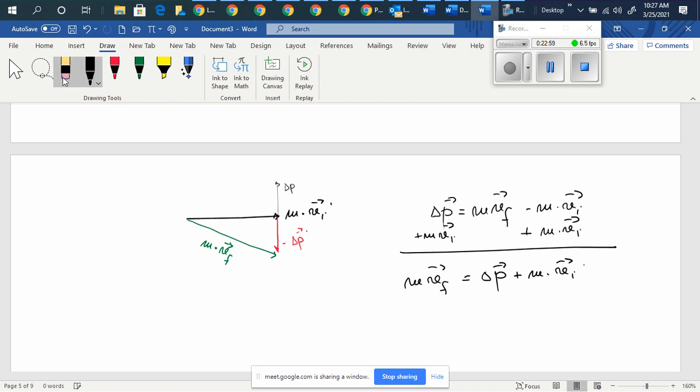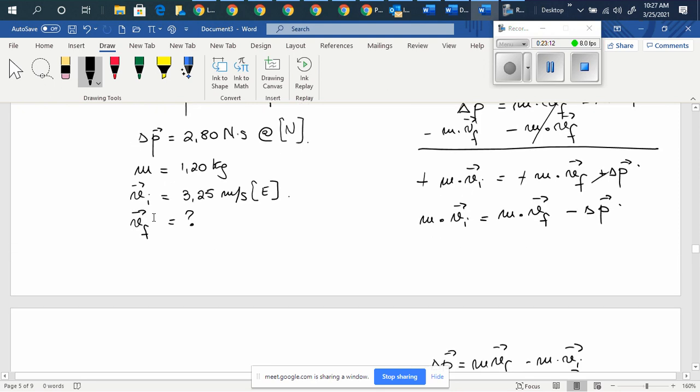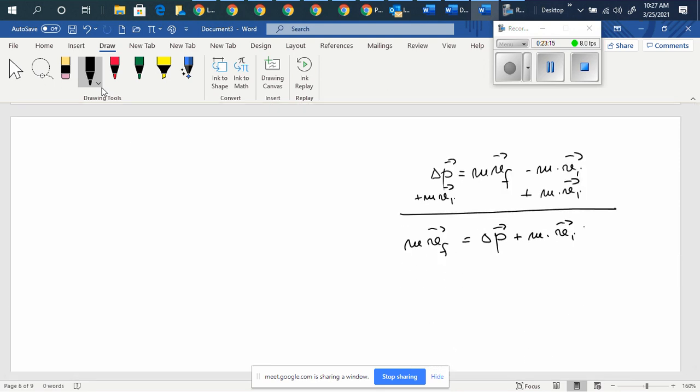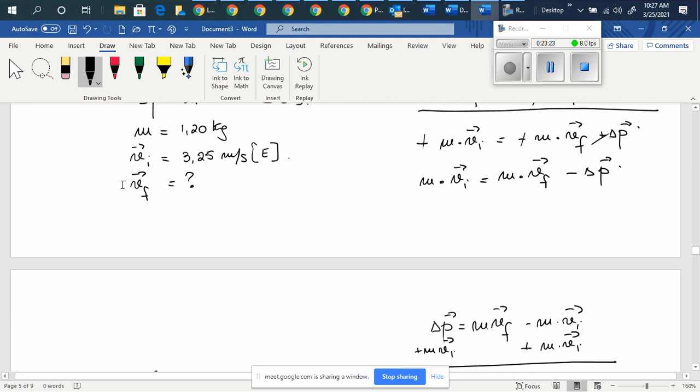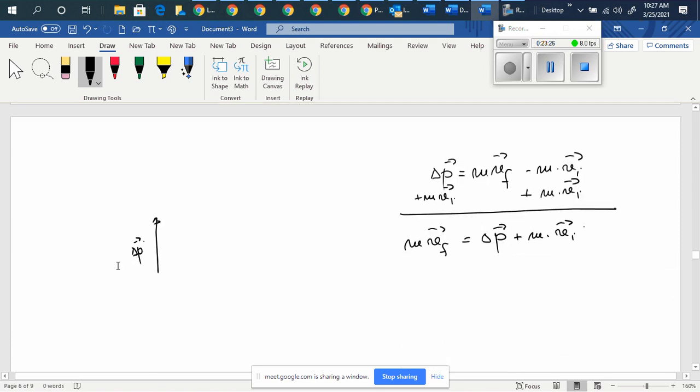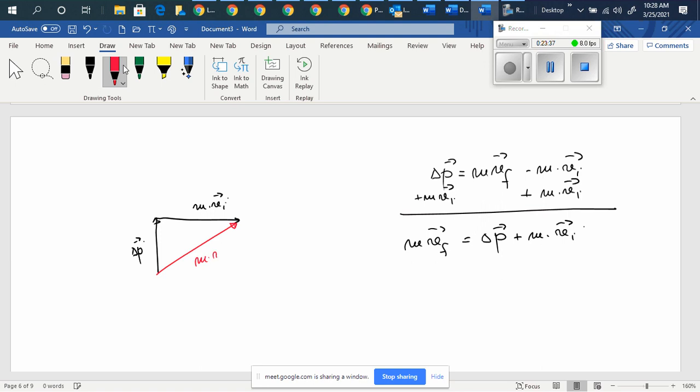So this configuration here, or vector diagram here, is not quite right. We will do it as delta P that is going north, okay, so north, and mass times initial velocity, since initial velocity is going east, will have the same direction, giving us the mass times final velocity in this direction.